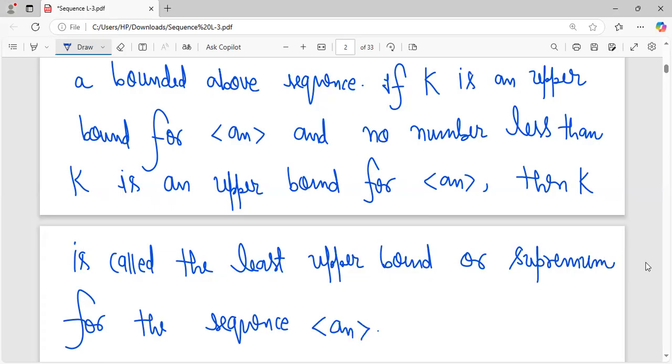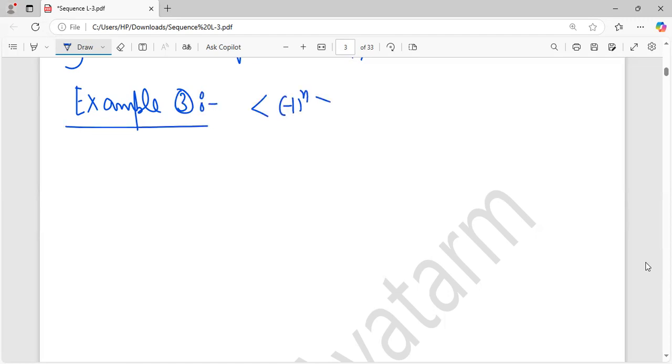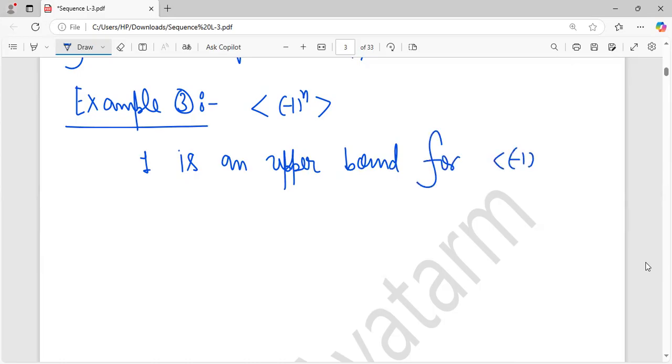For example, take the sequence (-1) to the power n. We know 1 is an upper bound for this sequence.